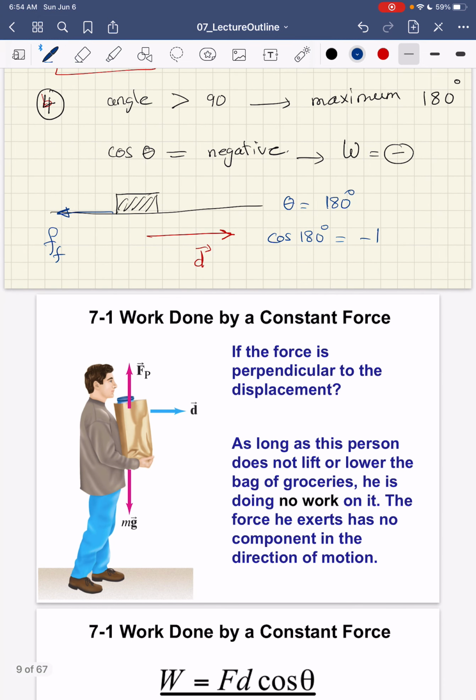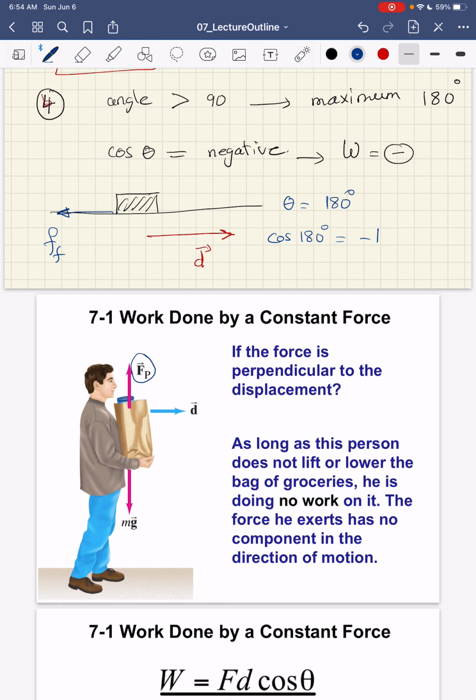Now here, if the force is perpendicular to the displacement, this is the situation. You are only carrying, you are not lifting. Remember, carrying means you will not move it up or down.